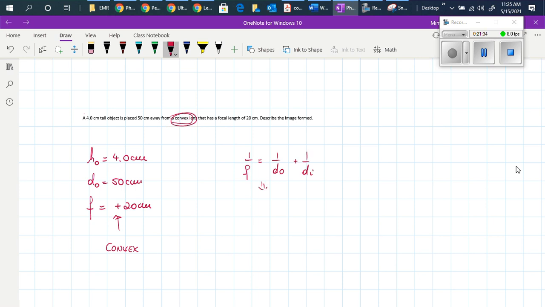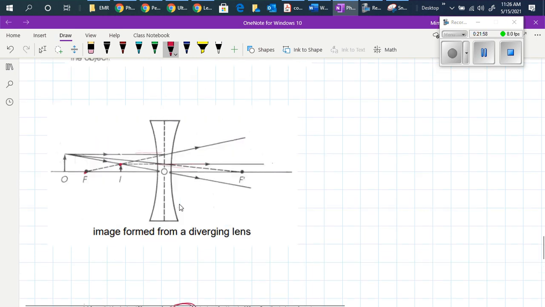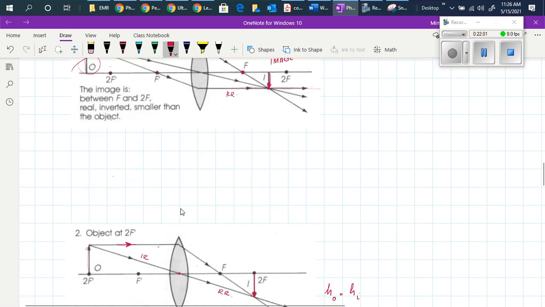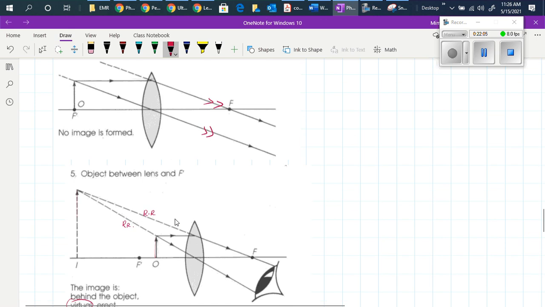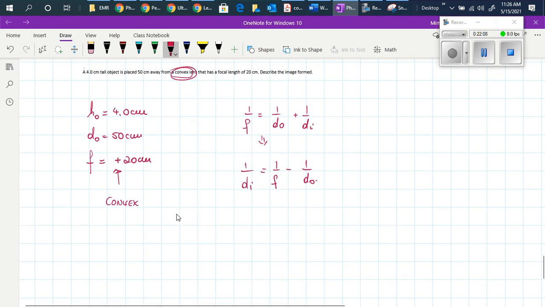And from here, we figure out that 1 over di is equal to 1 over f minus 1 over do. In terms of the ray diagram, we are in the case where the object is beyond the center, because double the focal length will be 40, and now the object is 50 centimeters, so we'll be in the first case here. Okay, so this is what you have to expect in terms of the ray diagram.